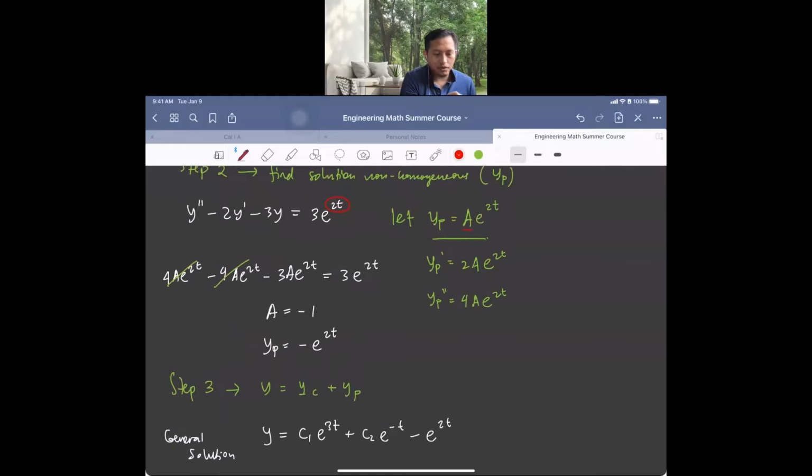Okay. So the way we are letting A, this is what we call the undetermined coefficient. So we don't know the coefficient, but we are going to find it. So we can just use any coefficient we want. So that's why we call this the undetermined coefficient.